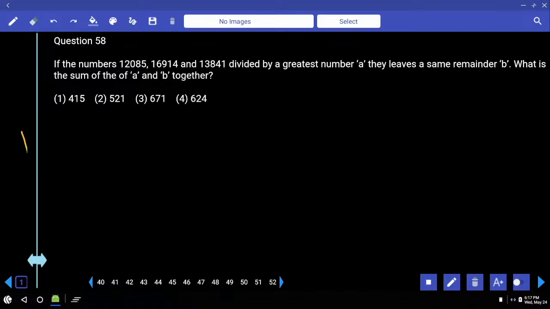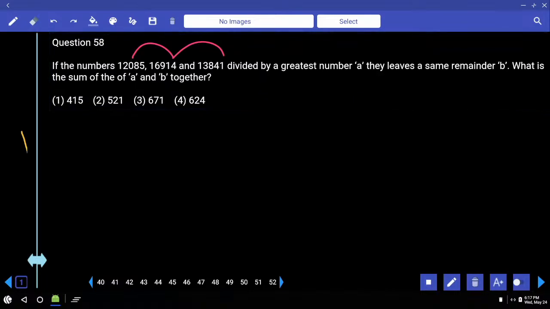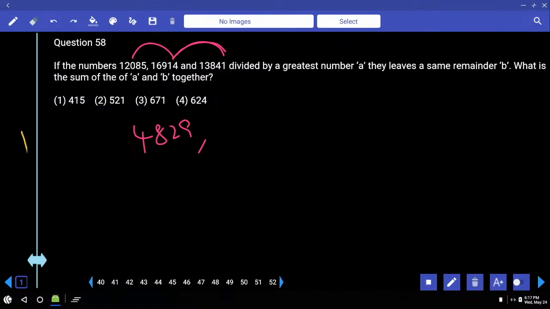To get the same remainder, take the differences. What is the difference here? 4000, 829, 4829. What is the difference here? 3000, 73.